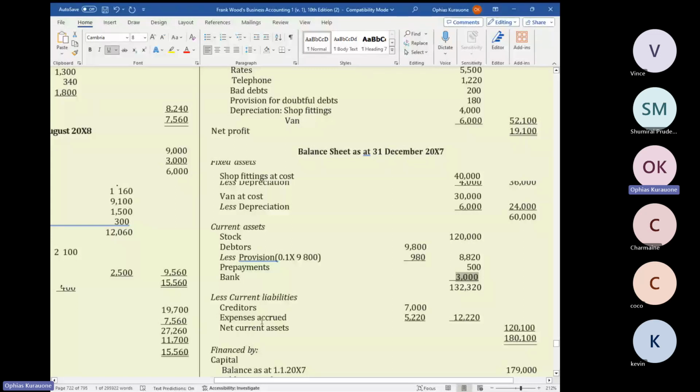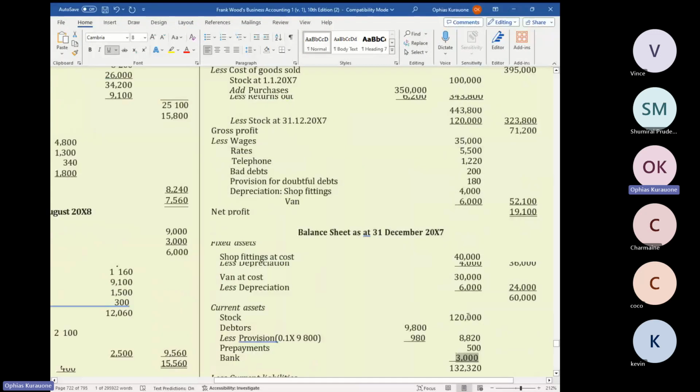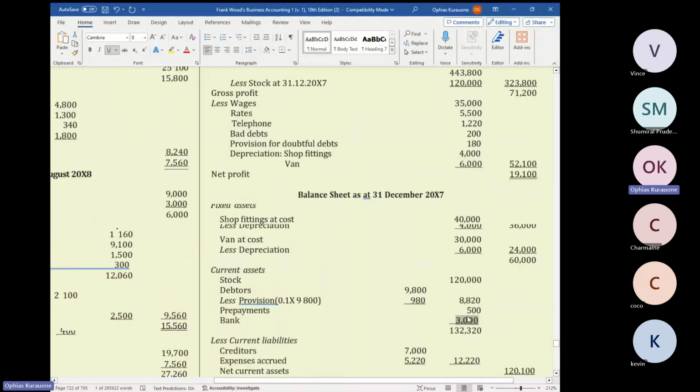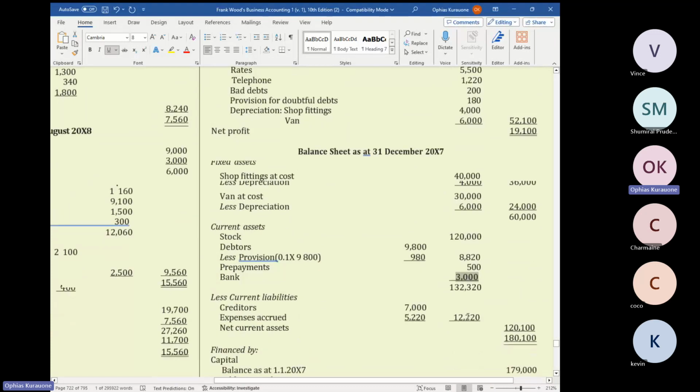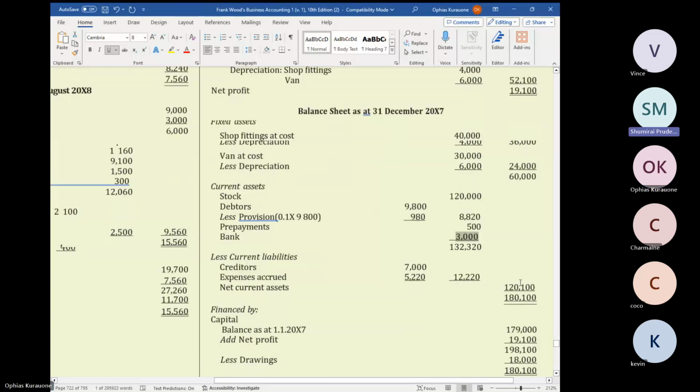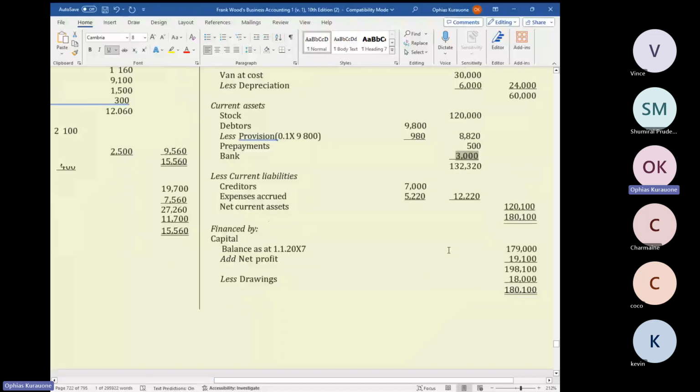We added those expenses from the telephone and from the rates that accrued. Then here we go on to net current assets. Financed by: once our capital is as it is, then we add net profit.